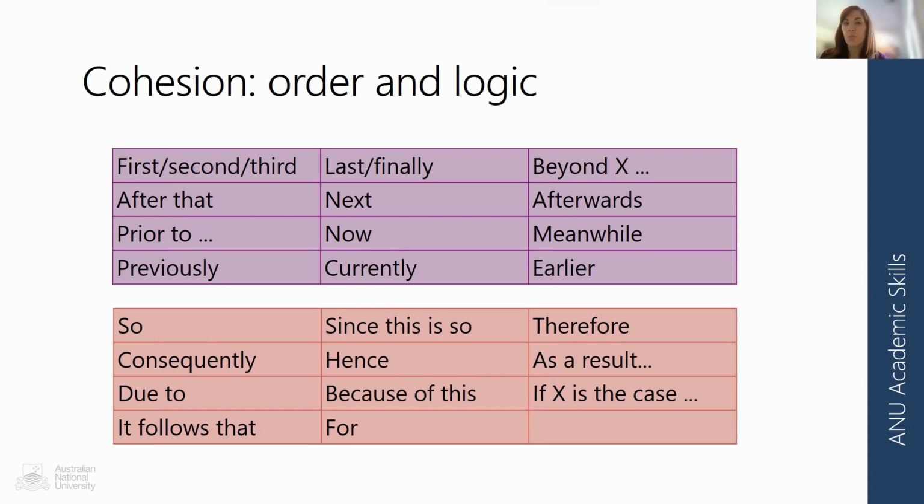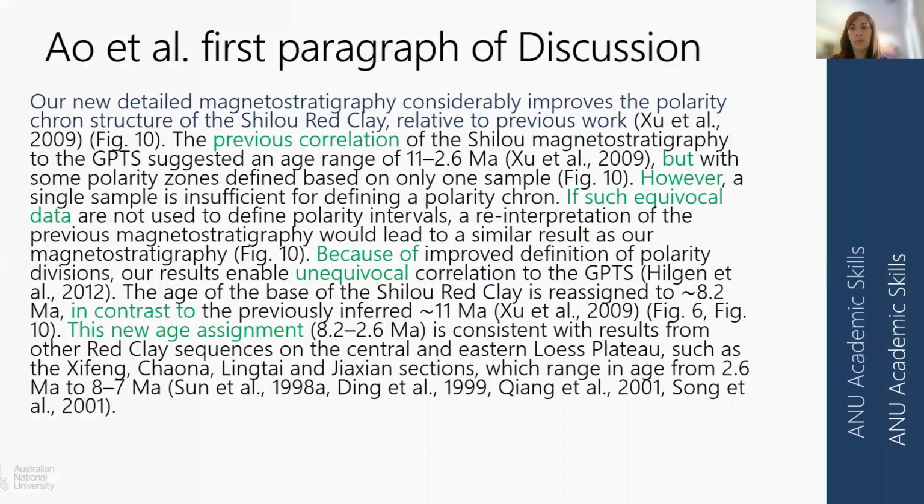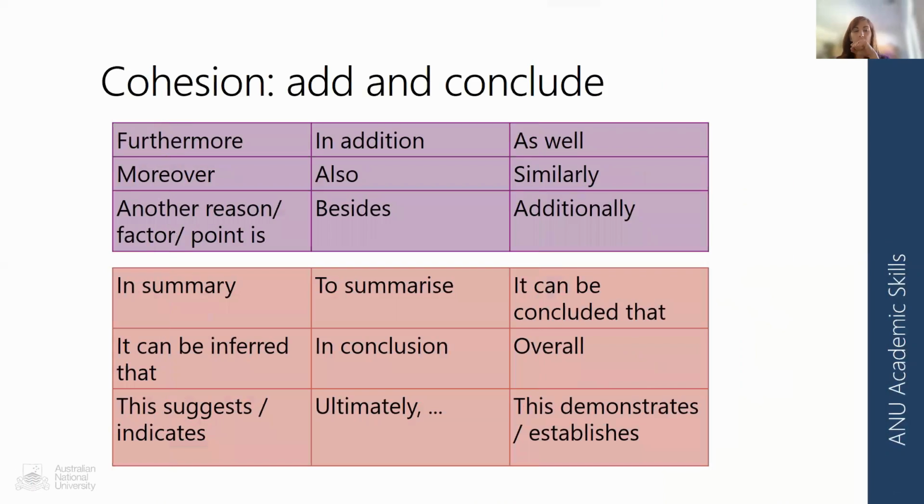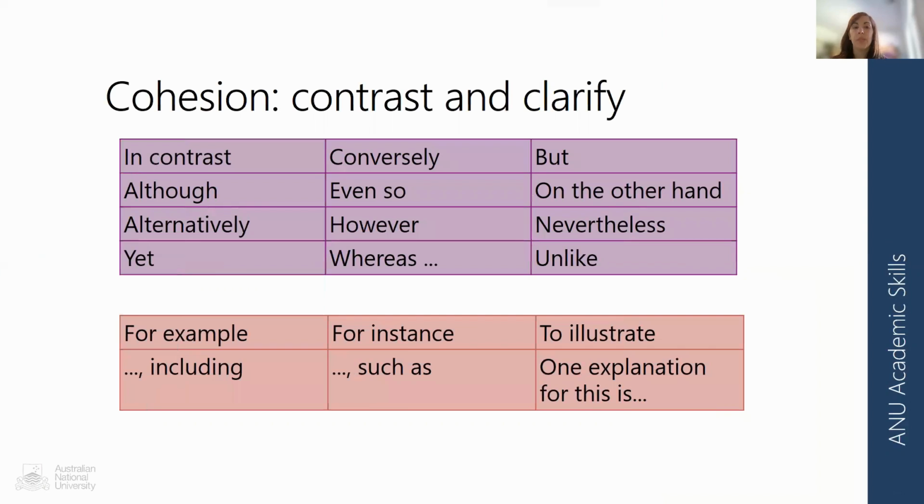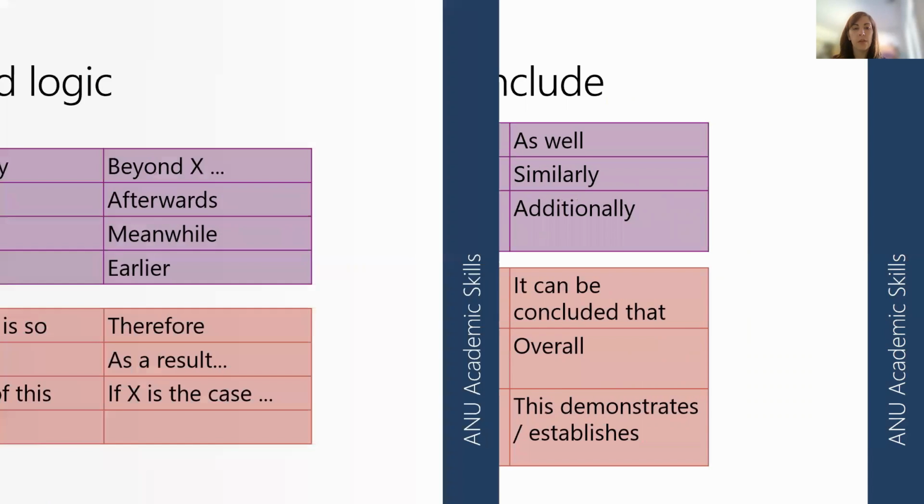Your transition words, your cohesive devices, whatever you want to call them. I'm sure you could call up your own list on Google as well, but we've got them here. And these really help the reader follow along with what you're saying.